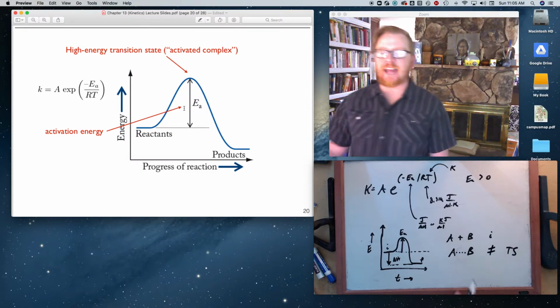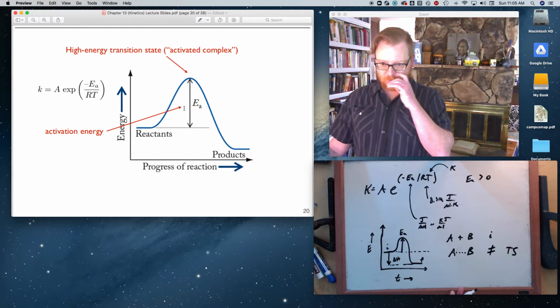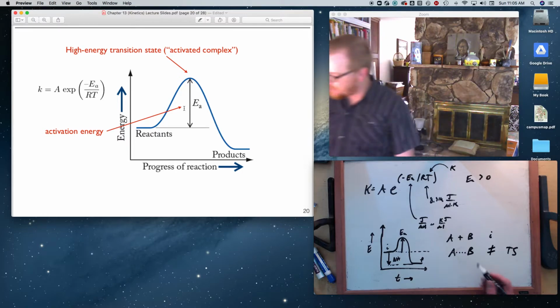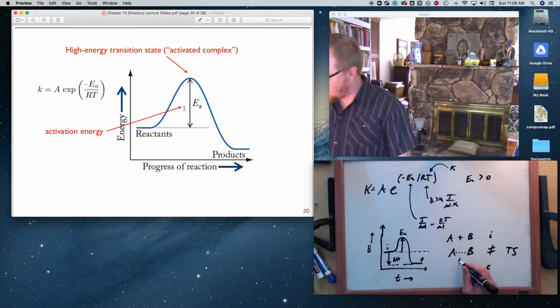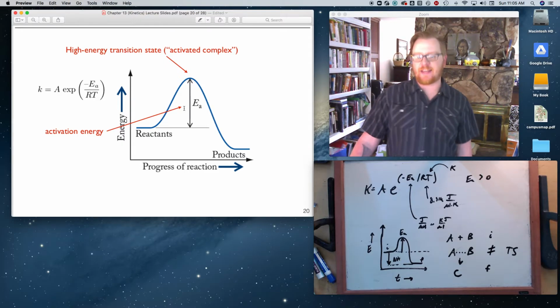And this is the state that requires activation energy to get over. Okay? And so then finally, these might go on to react to form molecule C in the final state.